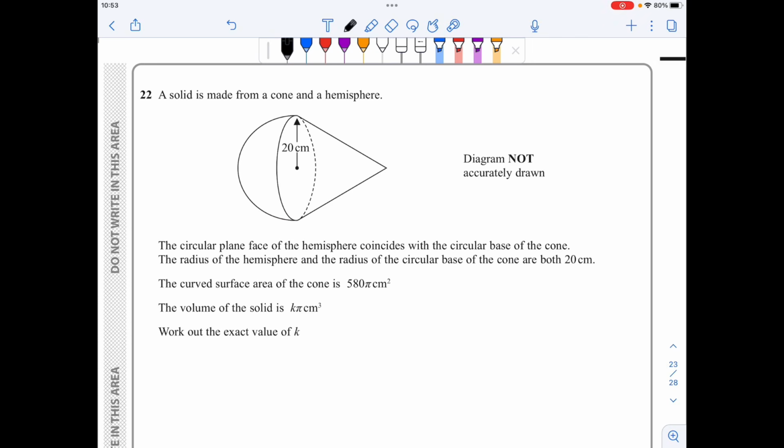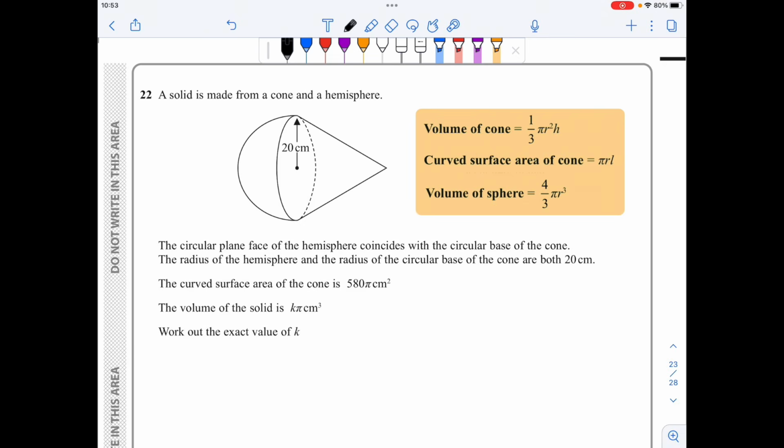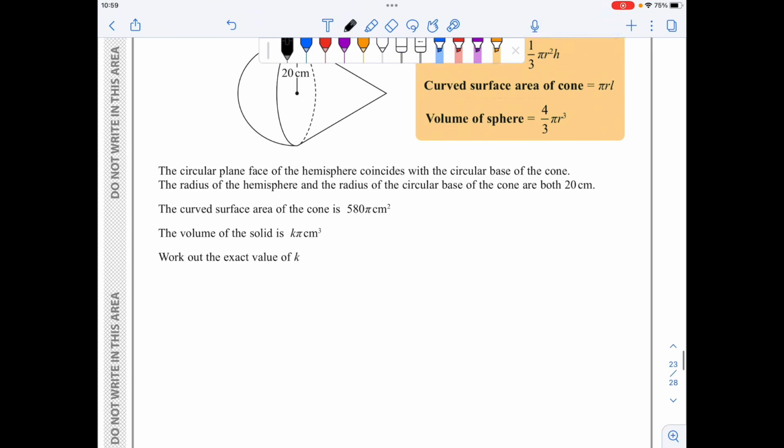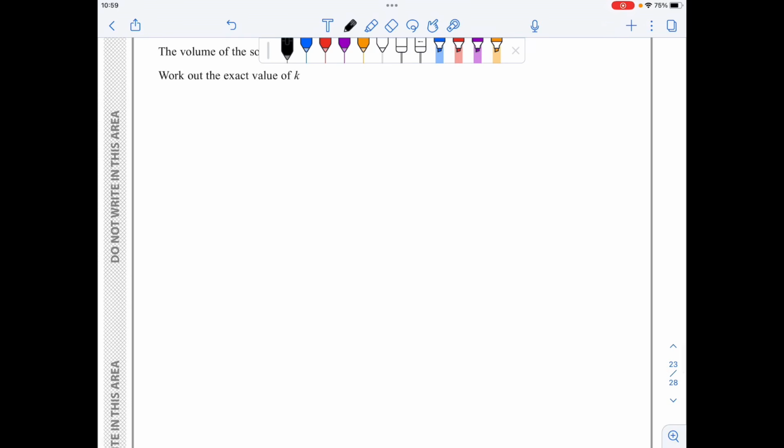For question 22, I'll need the formulae for the cone and the hemisphere, which are the following. I'm given the curved surface area of the cone. I'll use that to find the slant height, and then I'll use Pythagoras to find the height of the cone, and from that point I can find the volume of the whole shape. So let's begin.